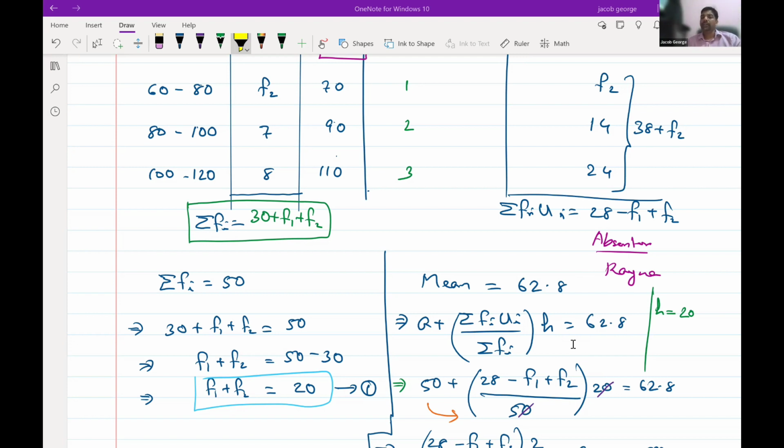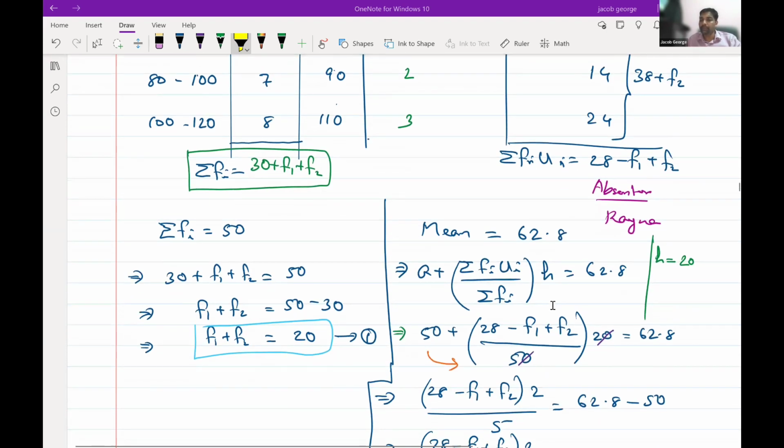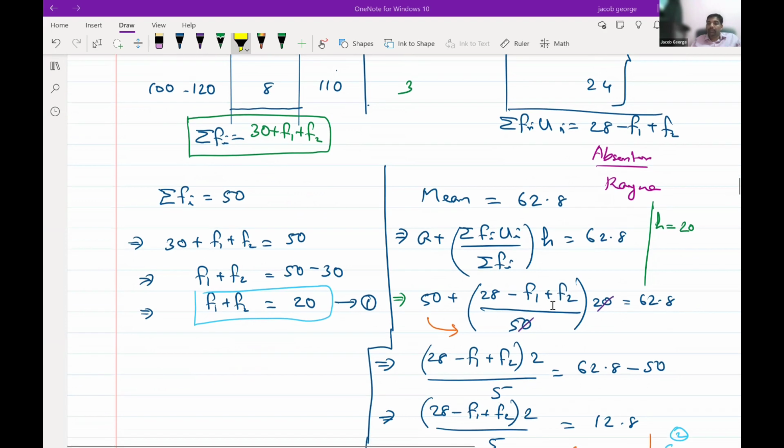Then we take 50 plus 28 minus f1 plus f2 by 50 into 20, where sigma fi ui is from the last column we added. Then a very important step: we have to take that 50 to the right side. So 28 minus f1 plus f2 by 5 into 2 is 62.8 minus 50.